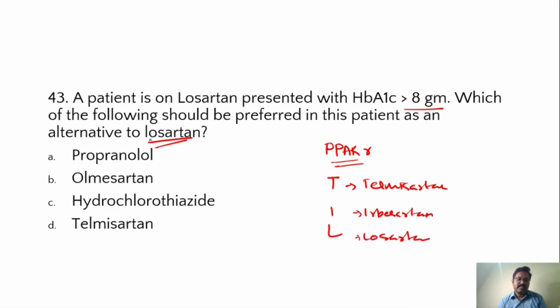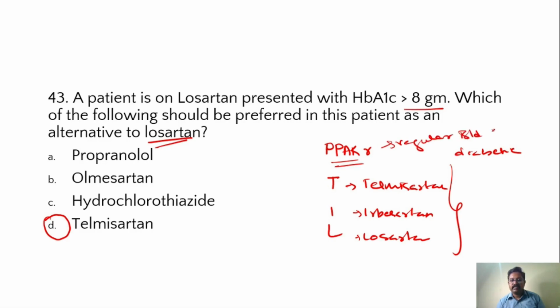So instead of this losartan, you can go with the telmisartan. These are also safer in diabetics. They regulate the blood sugar levels, blood glucose levels. They decrease the insulin resistance, and also they are longer acting drugs.